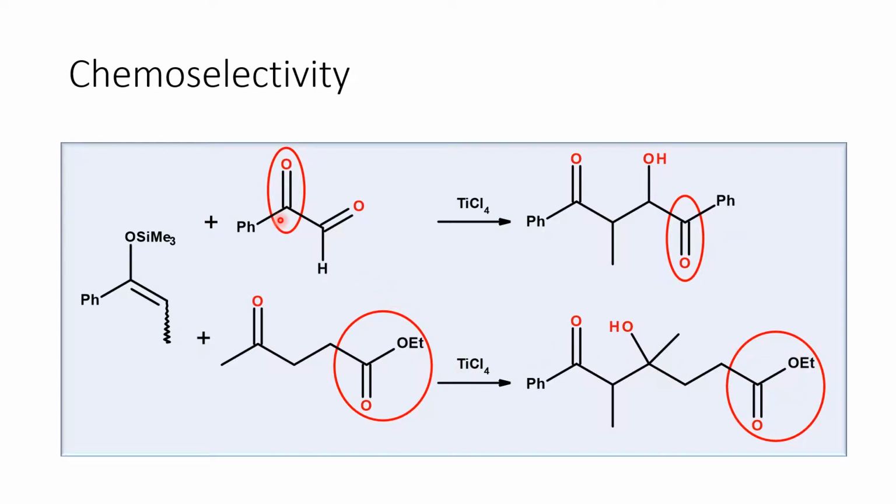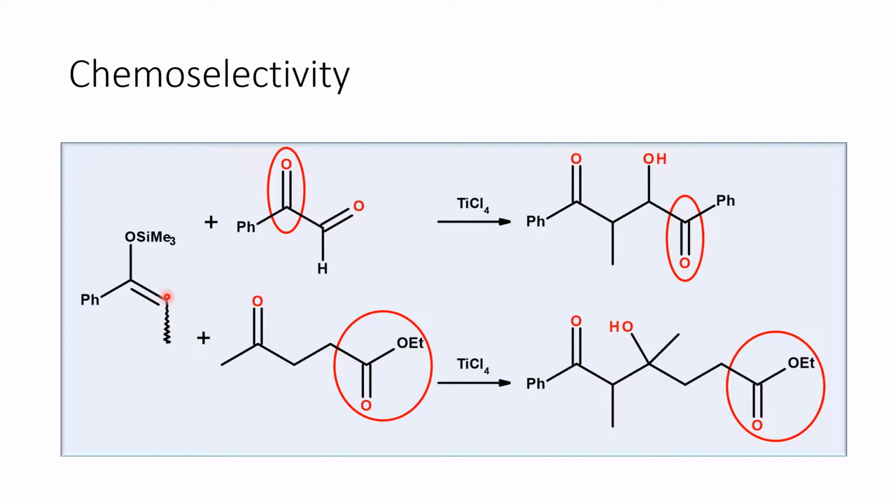So, if we look at the ketone group here and the ketone group here, they have different reactivity, although the ketone is the same group. So, this chemoselectivity is possible with silyl enol ethers in the presence of TiCl4.